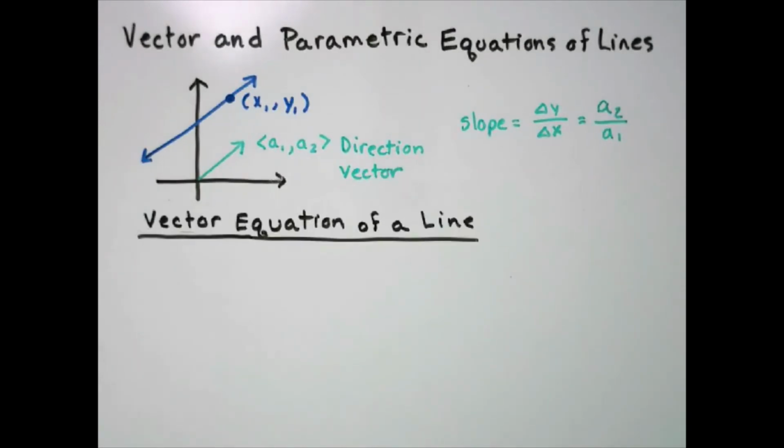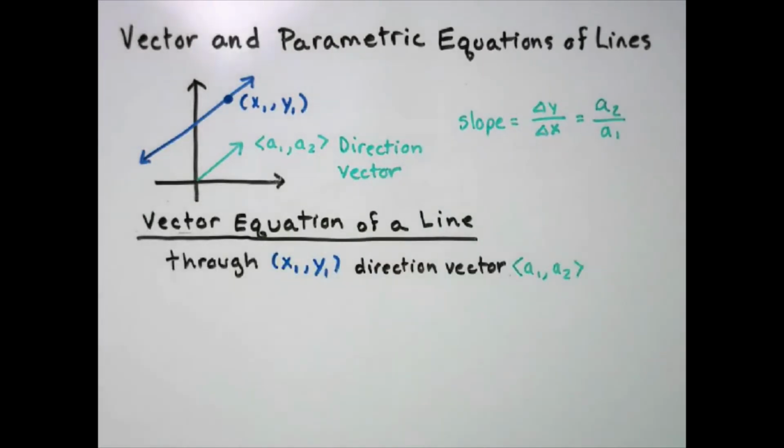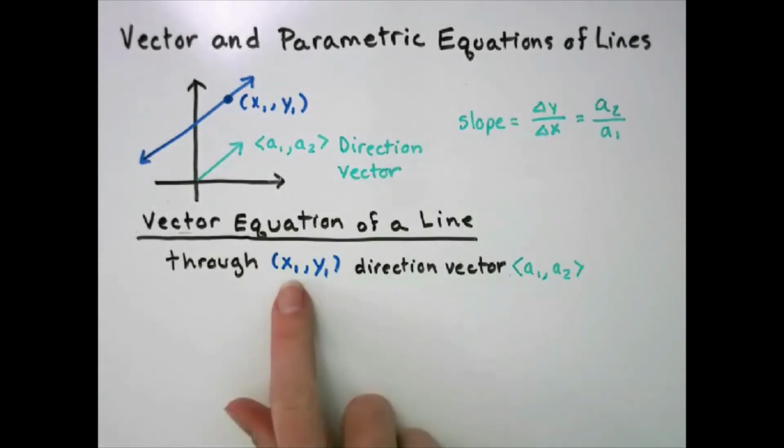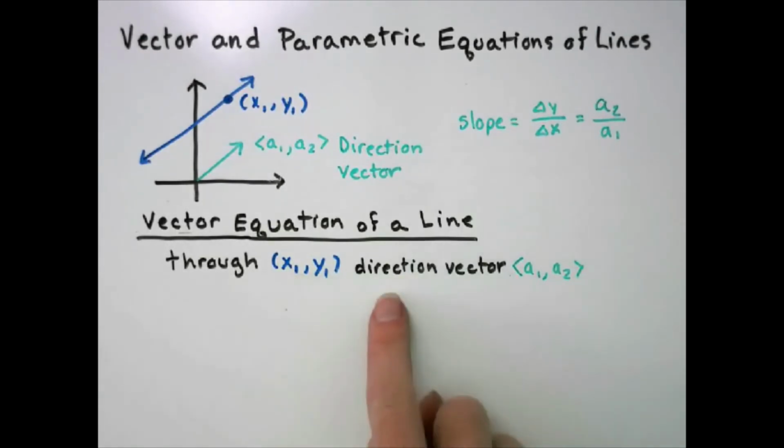Next, we're going to talk about the vector equation of a line. So we need the point and the direction vector. So we're going to go through some point, x1, y1, with a direction vector a1, a2, or it might say parallel to vector a1, a2.